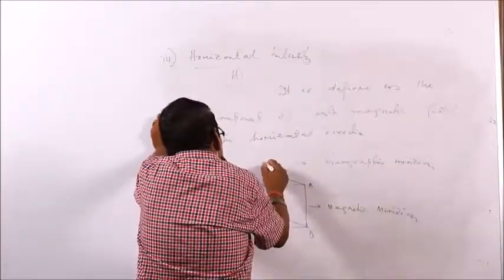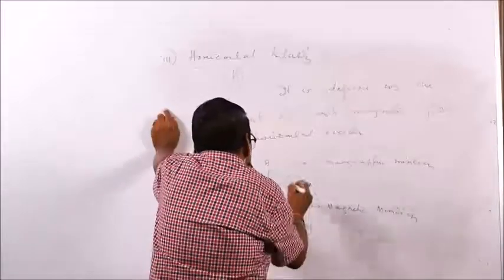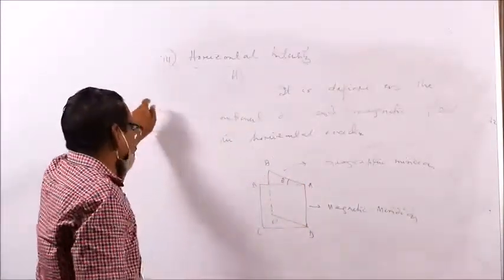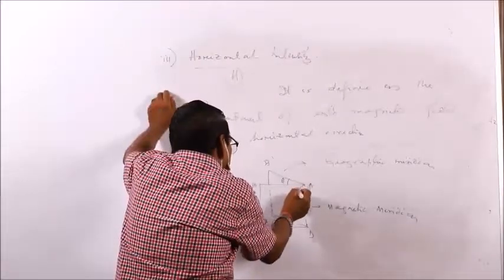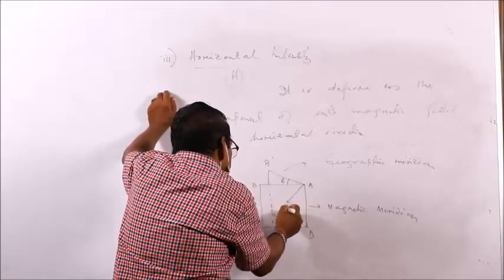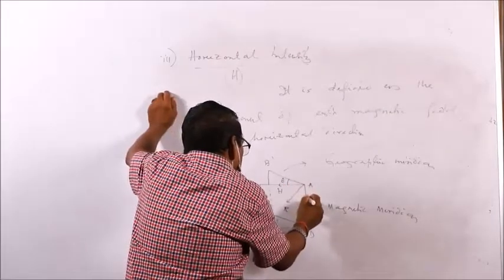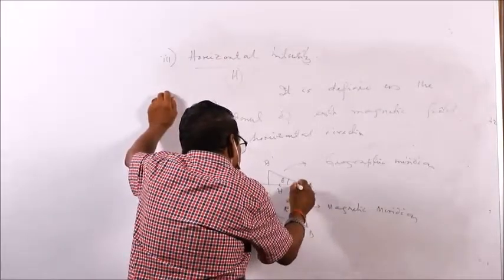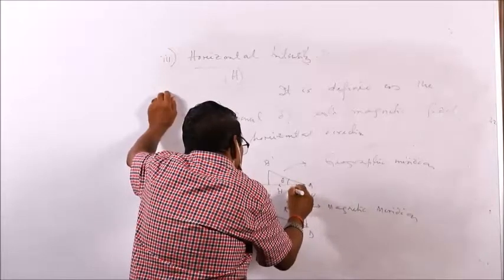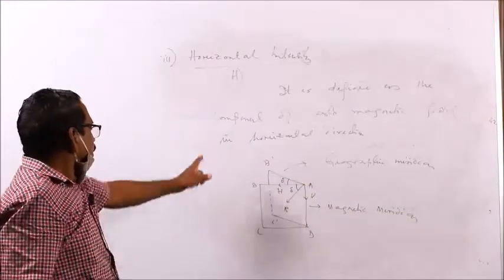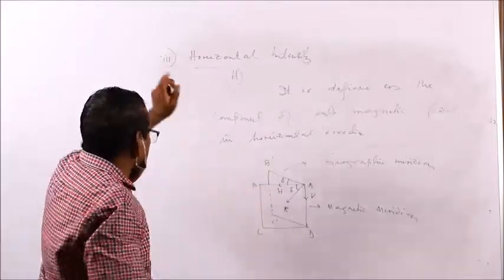This angle is theta, that is your declination. The resultant intensity of Earth's magnetic field is R. This is the horizontal component H, this is the vertical component V, and this angle is delta, the dip angle. So the diagram is like this.